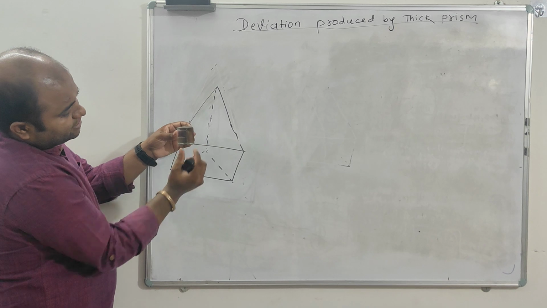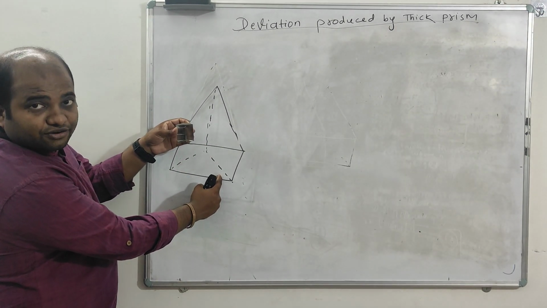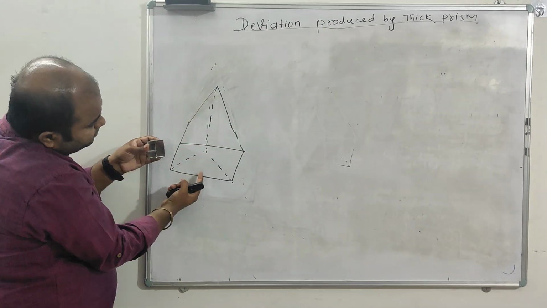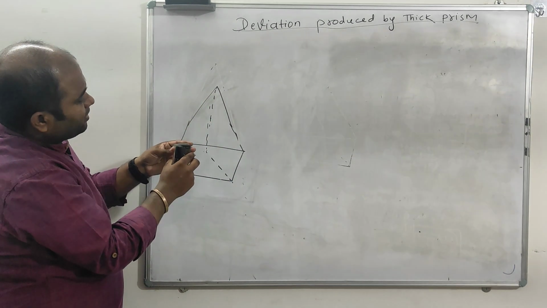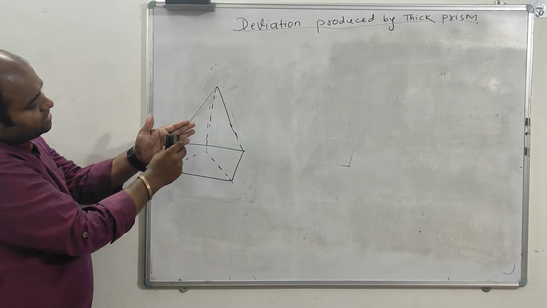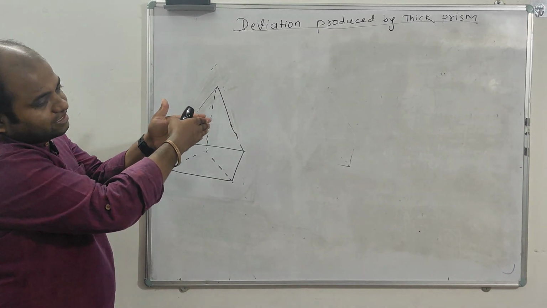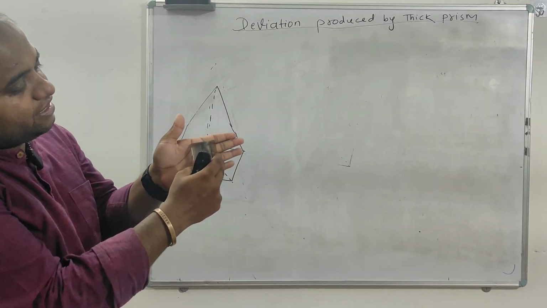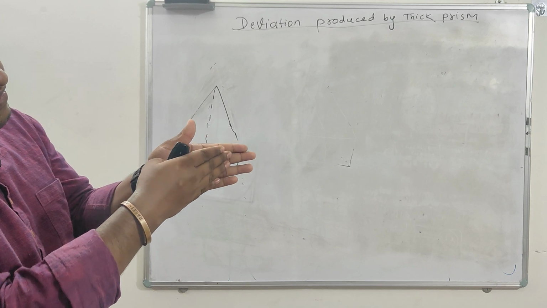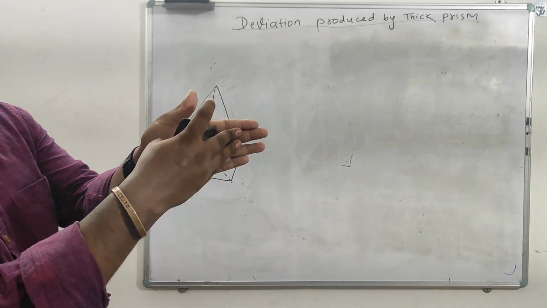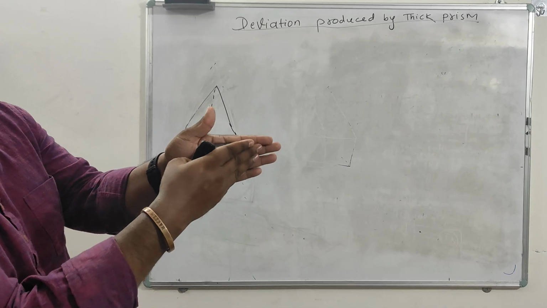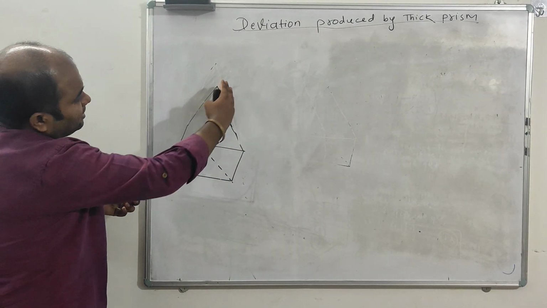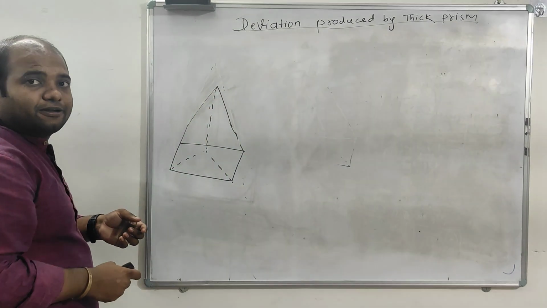This rectangle is facing toward you, one triangle is at the bottom, and the other is at the top, and these two surfaces, I hope you are able to see clearly. This is one surface, this is the next surface, and they are forming an angle here, right? These two surfaces are meeting and forming an angle.